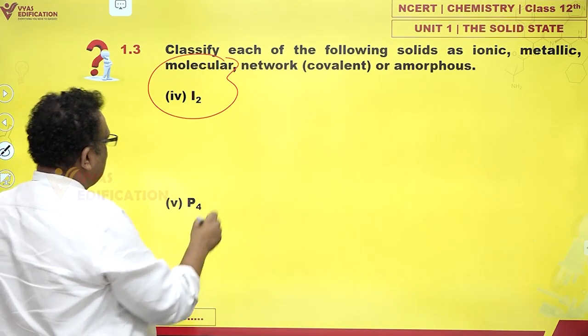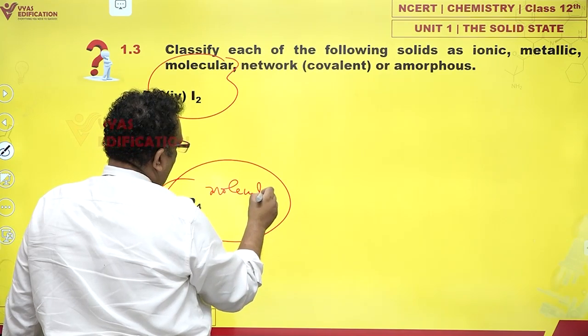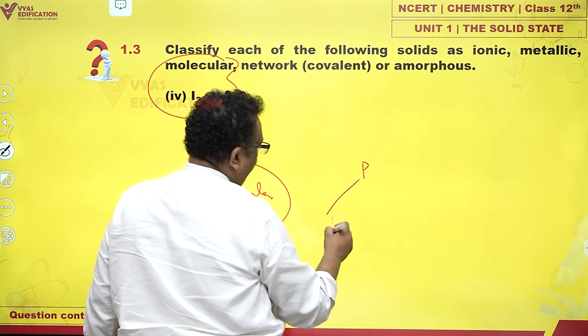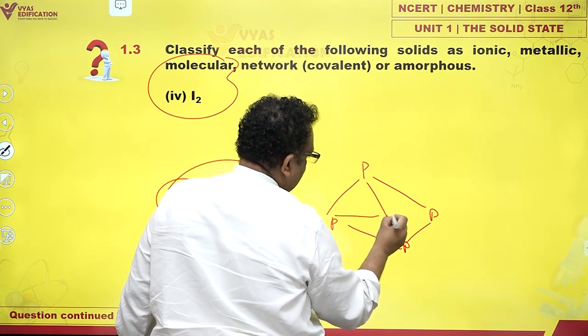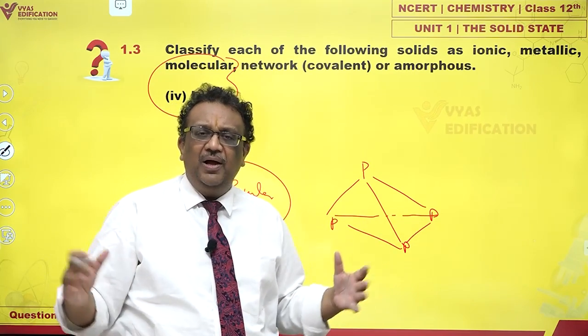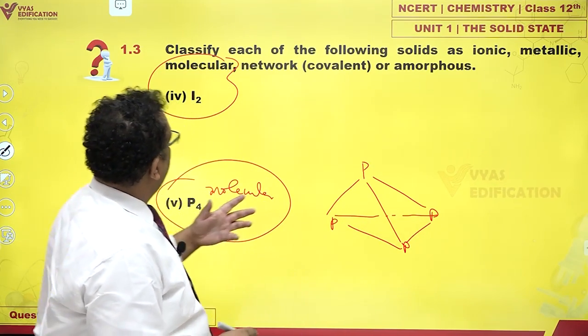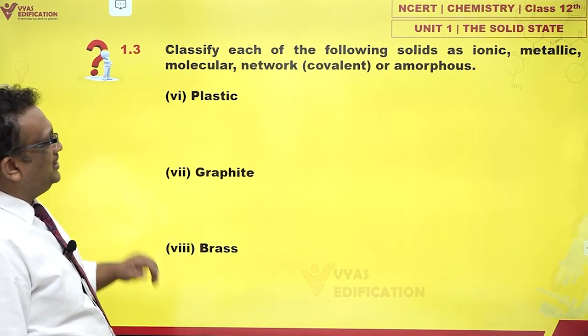P4 is again a molecular solid because you have tetrahedral units of phosphorus like this. And they're neatly packed in a crystalline structure. Yes, it is again a molecular solid. Plastic.